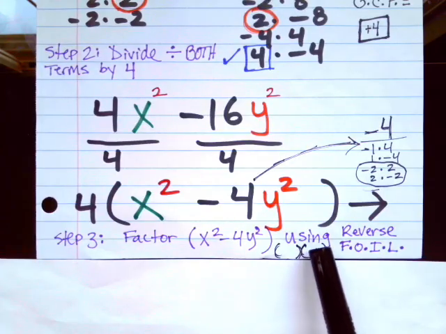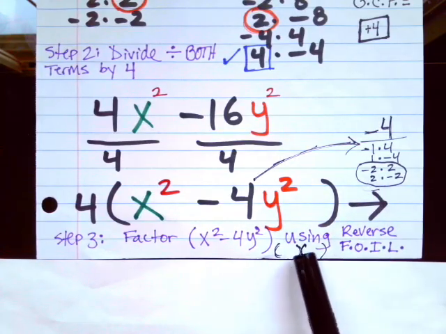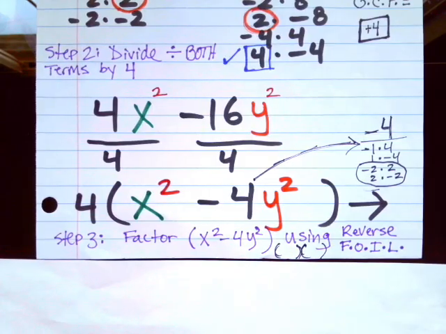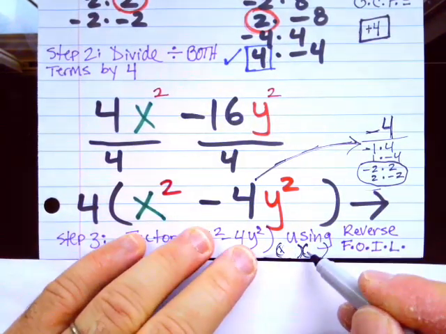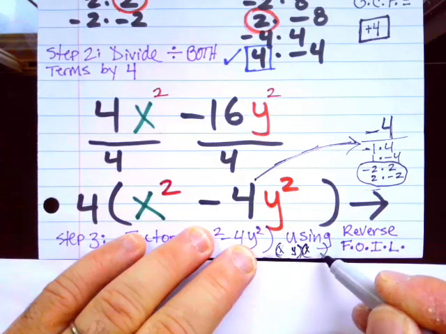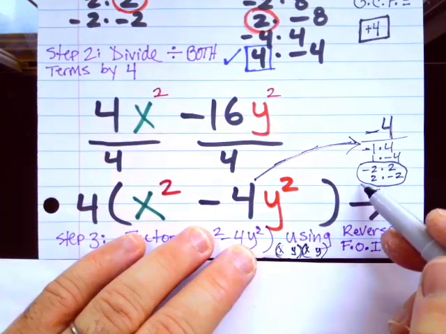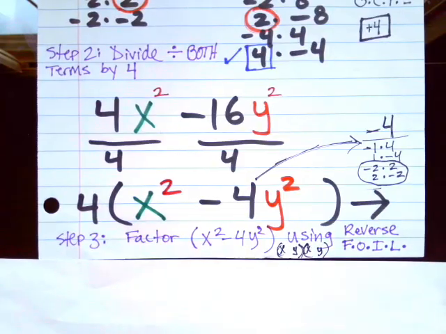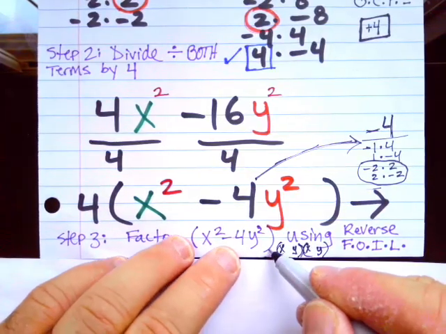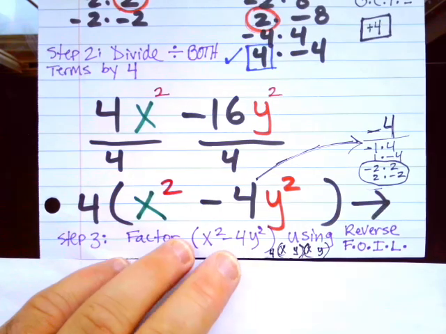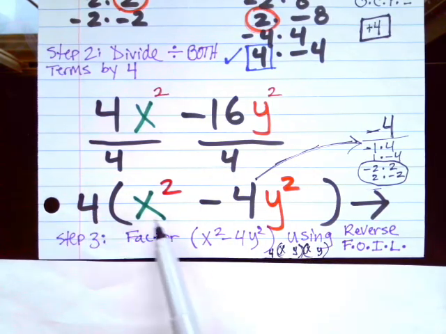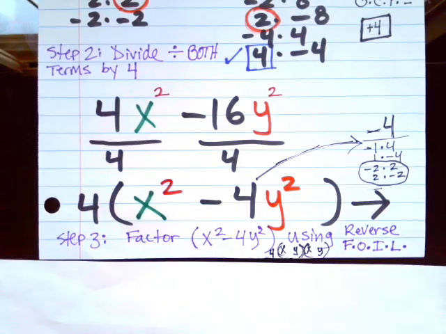The two parentheses here will be a +2 and a -2. And remember, from above, we've got an x and an x, and then a y and a y. And then these two numbers here will fill in the gap, which I'll show you on the next page. And don't forget, we factored out that 4. So the 4 that we divided into both of those terms stays on the outside. I'm showing you that here.